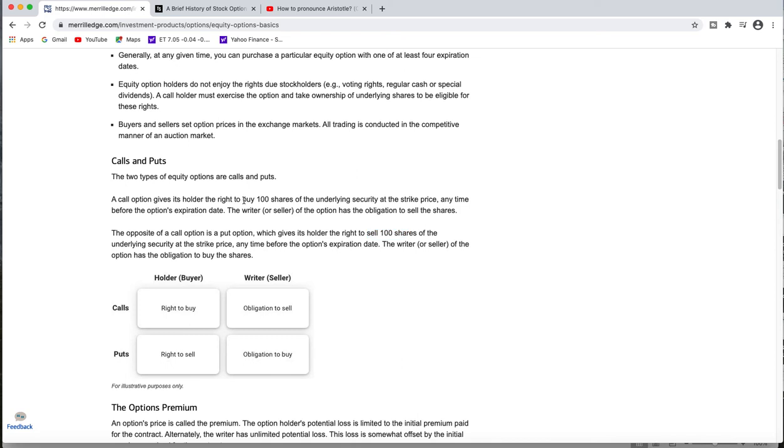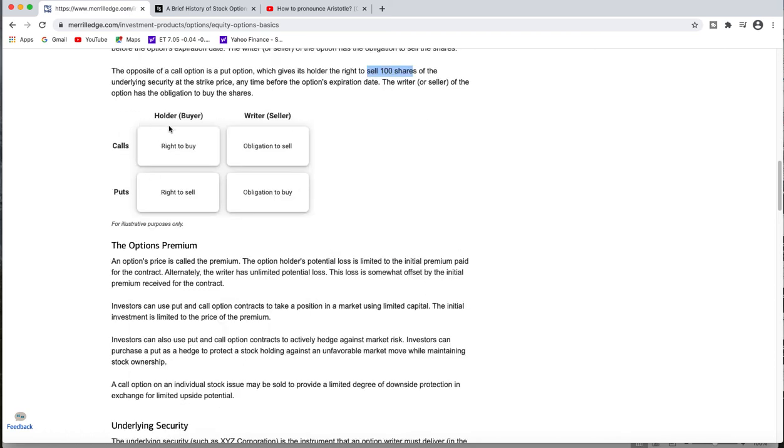Remember, if you buy a call option, you've got the right to buy the shares at the strike price. And if you buy puts, you have the right to sell. We're doing the opposite. We're on the selling side. The holder is the buyer. We're the writers on the selling side, just so you know. We play in this area. We do not play in here.